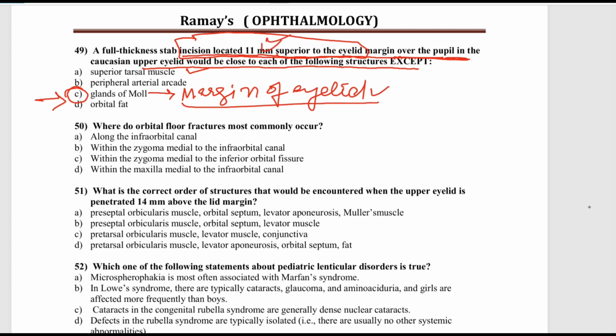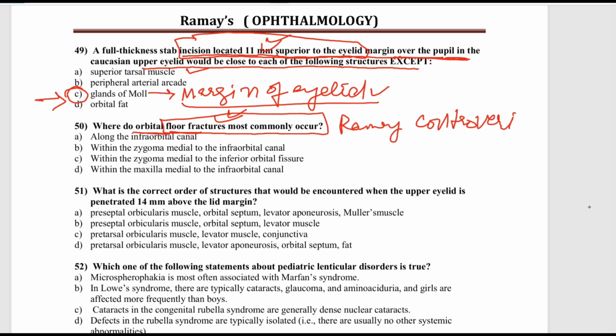So our next question is, where do orbital floor fractures most commonly occur? A very important question. Read it from Ramesh, the controversy portion. It is written in great detail there. So where does the fracture commonly occur?